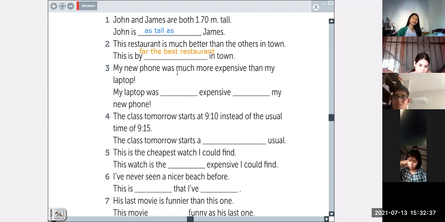Number 3, my new phone was much more expensive than my laptop. My laptop was, Mariana? My laptop was so much expensive than my new phone.